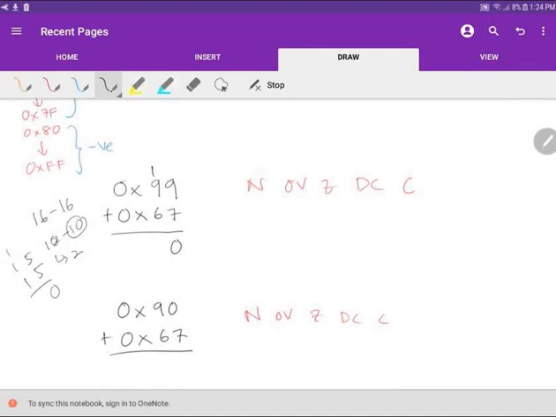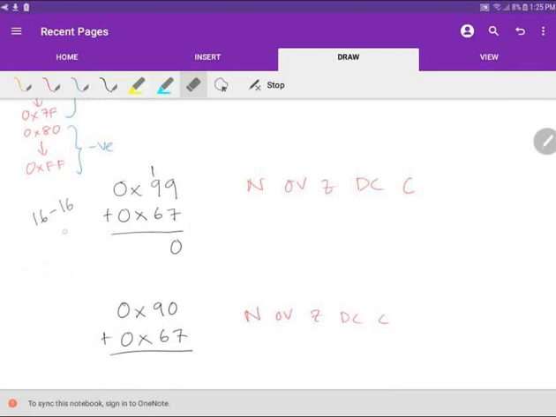Because we are so used to decimal, we always think that half of the number we write here, half of the number we write on top. The concept is, when you add a particular number, when it has exceeded the allowable digit, you should minus with the base number.